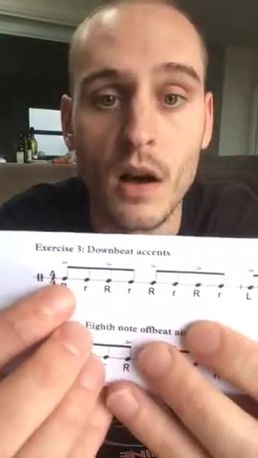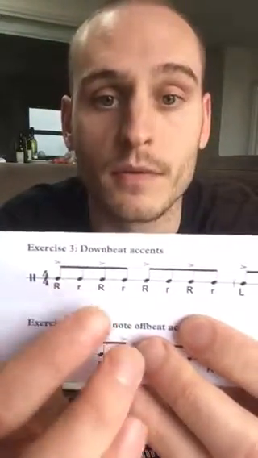So it's going to be 1 and 2 and 3 and 4 and 1 and 2 and 3 and 4 and that's why it's called the downbeat accent pattern. So the downbeats are 1, 2, 3 and 4, and all of the ands are called offbeats. Okay?